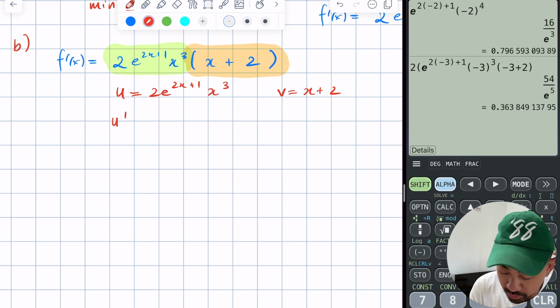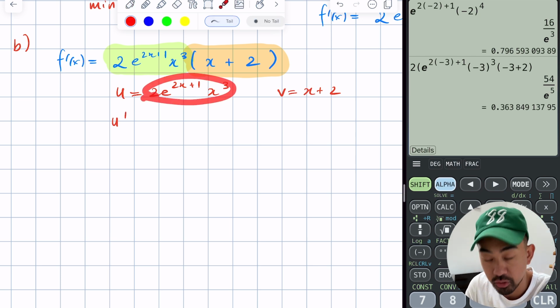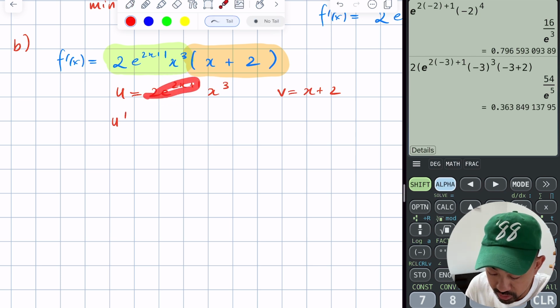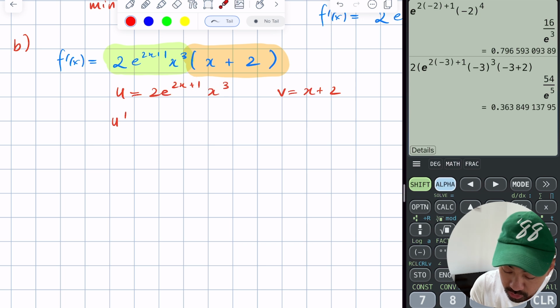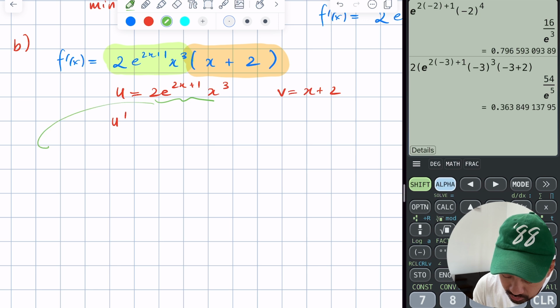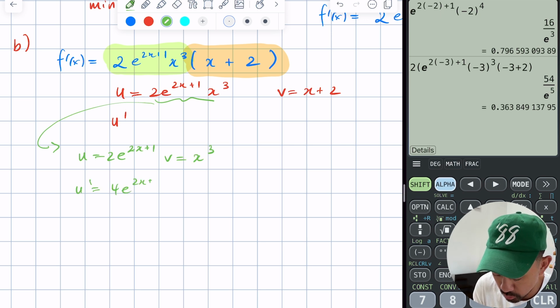So u dash, now as you can see here, I've got another product rule that I need to apply, because I've got this one here and then this one here. So let's just do a sidebar over here, maybe in a different color. So this here, u is 2e^(2x+1) and v is equal to x cubed. u dash is going to be 4e^(2x+1) and v dash is 3x squared, sorry.